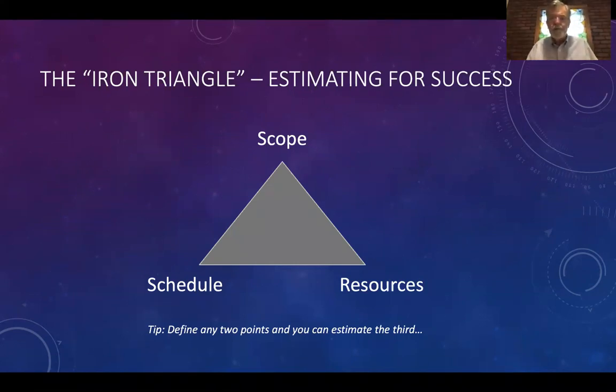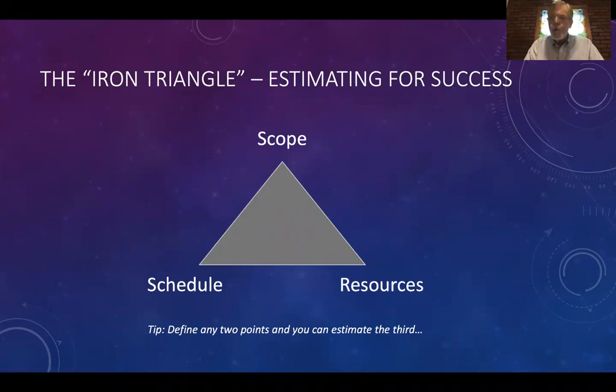There's almost nothing you can do once it's set up in a project to bend it. It's like iron. It's not flexible. And for projects to be successful, you have to accept the fact that the triangle relationship between scope, schedule, and resource is a very stiff relationship.